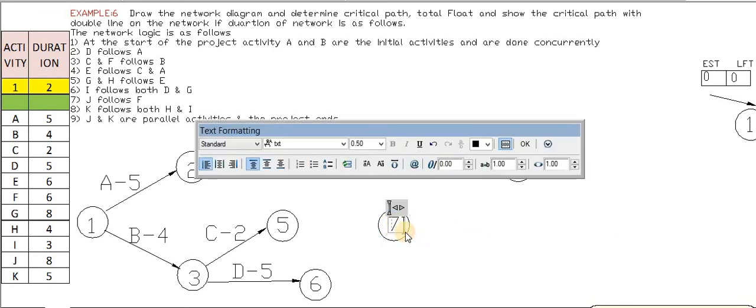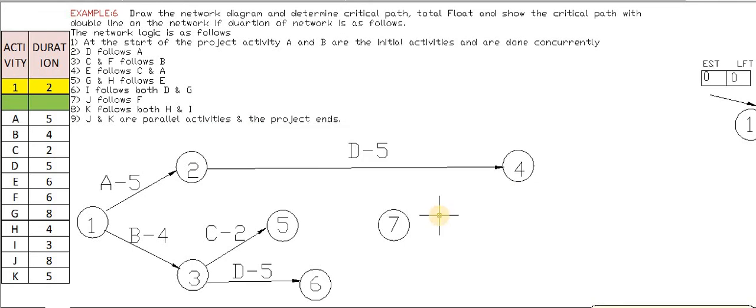seven, and we will give this okay 7. And this E, alphabetical E, is having the duration of 6.